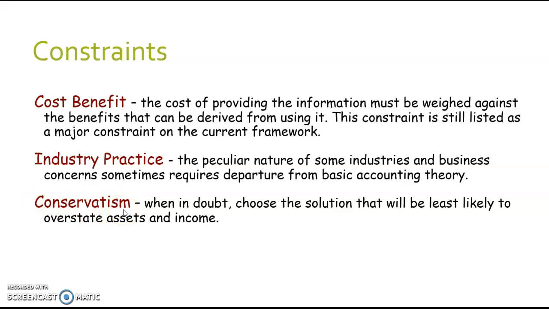Conservatism constraint. This is when you're in doubt, choose the solution that will be least likely to overstate assets and income. So in other words, if we've got a couple of different options of how to do something, then the option that would show our assets being worth more than they really are, or that our sales or income being more than it really is, we should not choose that option.